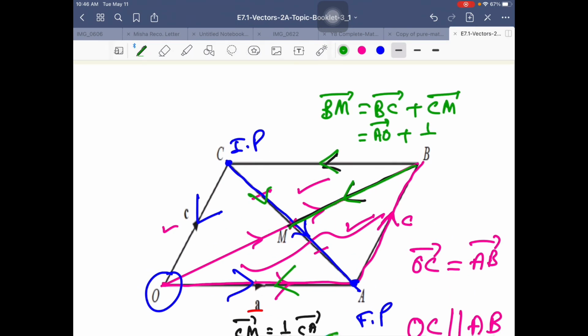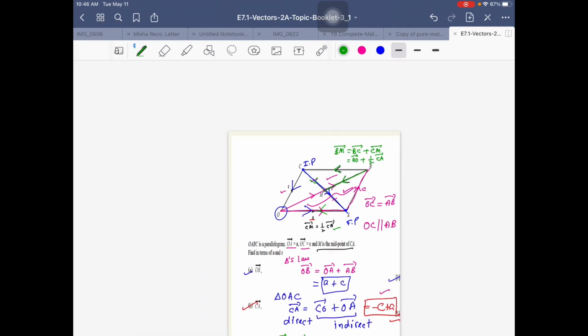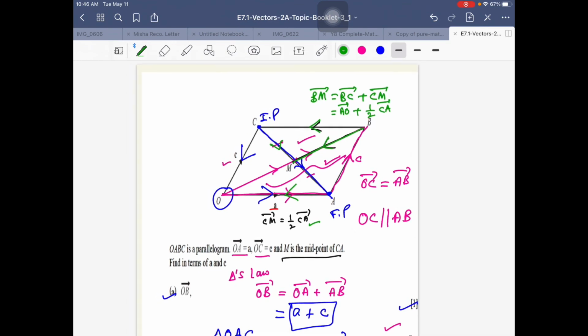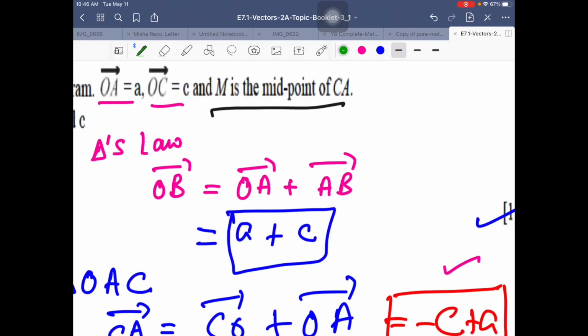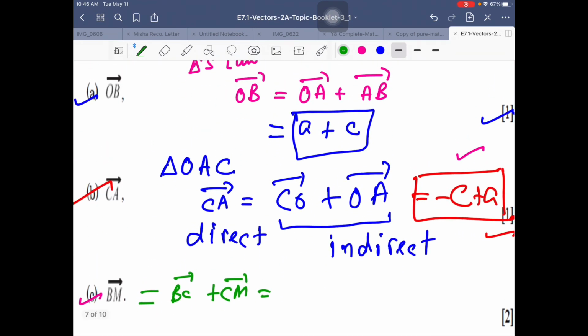So BM vector is BC plus CM, that is AO plus half of CA. So BC is AO vector, CM is half of CA vector.